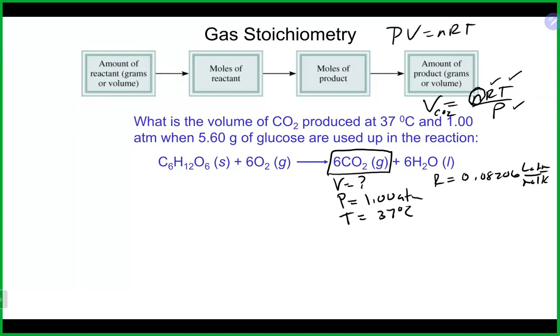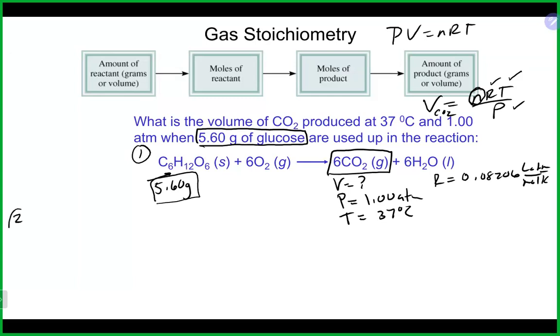So we have to look and see what other information we have, and we do have the grams of glucose. That's where the stoichiometry comes into play. We're going to balance our equation, which it is balanced, and take whatever we have that we could get moles from and convert it into moles.